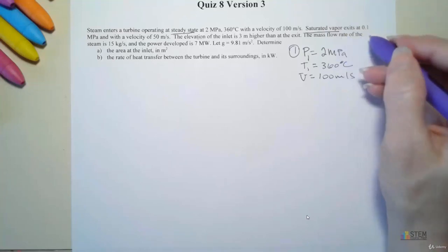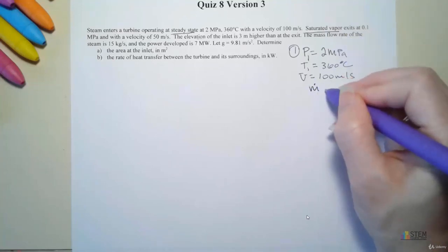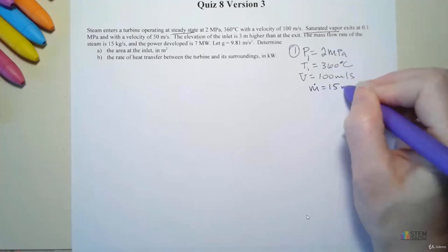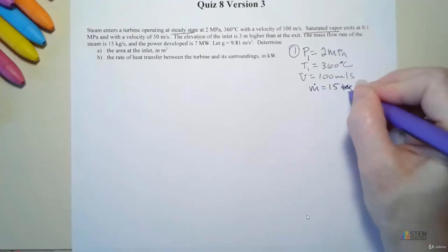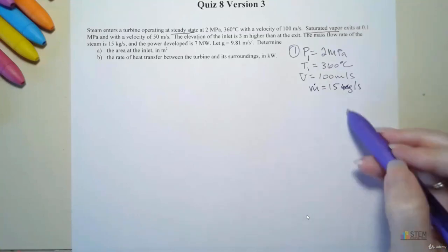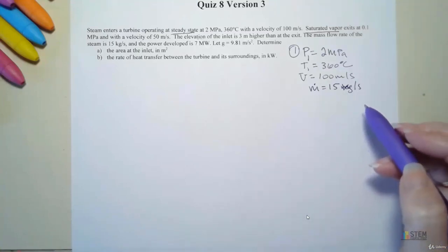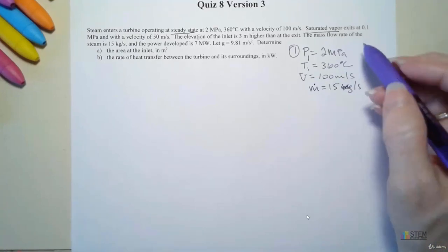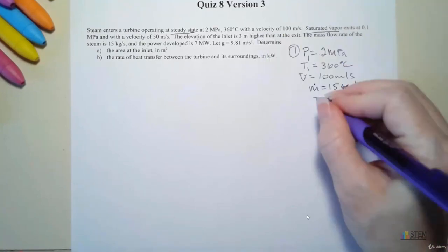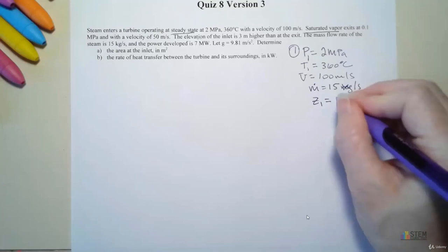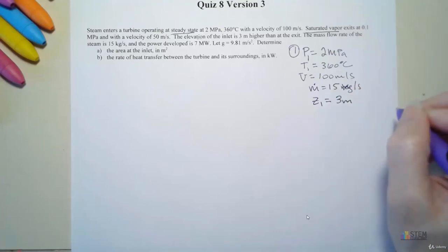Notice it just gives a general value, and that's because it's steady state. So mass flow rate will be the same regardless of if you're at the inlet or exit. So we got 15 kilograms per second, and our elevation at the inlet, let's just call it Z1, is 3 meters higher than at the exit. So we'll say that the exit is our reference line, basically, and we'll measure up from that.